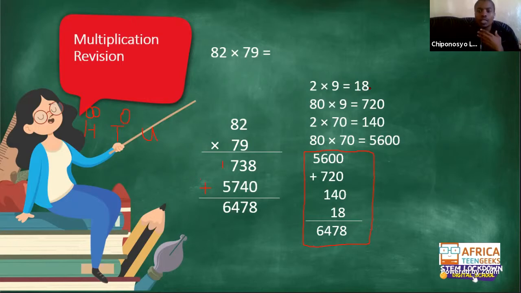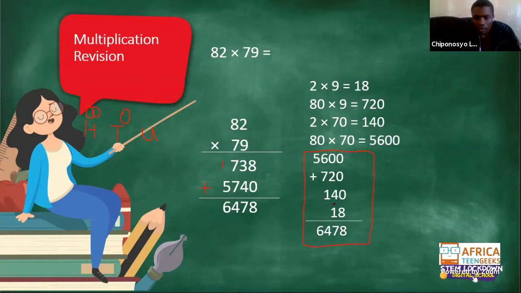But for those that might find it a bit difficult, you can still say 9 times 80 is 720. Same part here, that I'm multiplying with a 70, so I'm respecting the place value. Multiplying with a 70, I say this 2 here multiplied by 70 is 140. This 80 multiplied by 70 is 5,600.